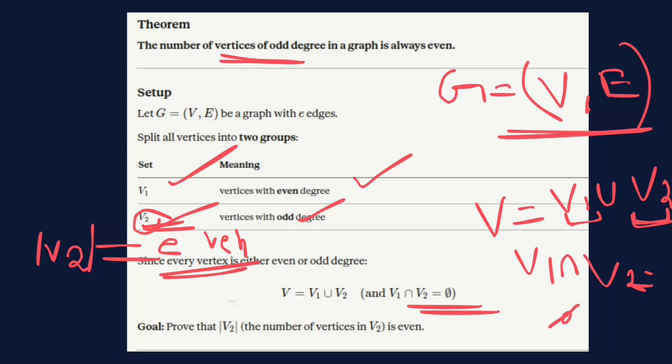Their union gives us the same vertex set V itself, and their intersection V1 intersection V2 is null. There is nothing common in that.